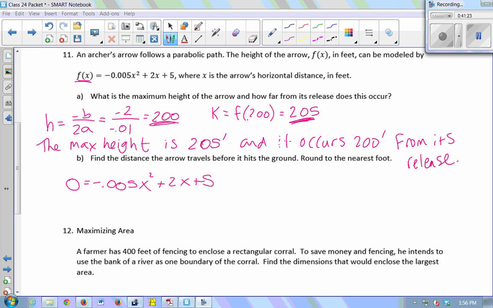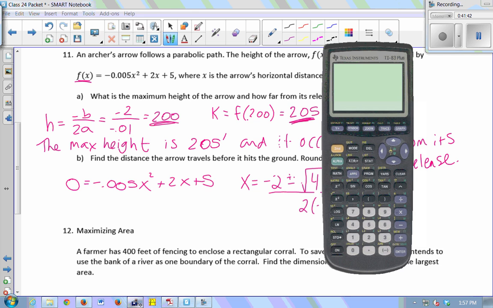So when I solve this, I guess I'll just use the quadratic formula. Negative b plus or minus the square root of b squared minus 4ac. I'll type it all in at once here.